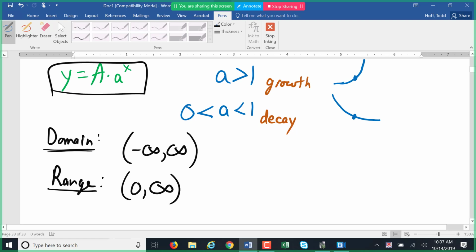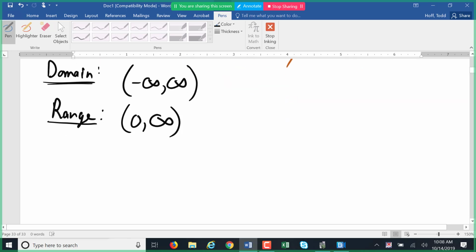Now there are things we can do to alter the location of this function. Remember, when we had our other functions like y equals x squared, we could add or subtract to the x. I'm just going to say adjust x.